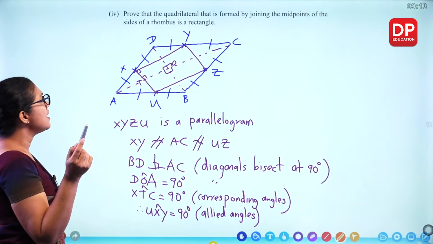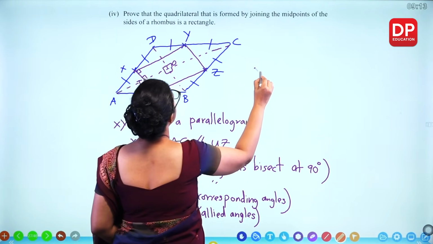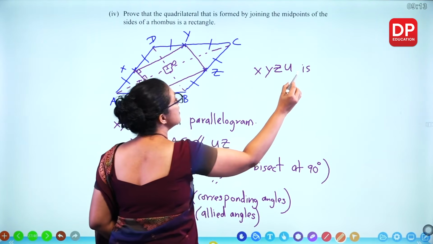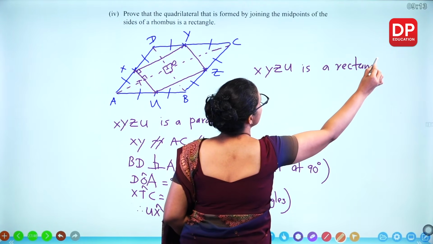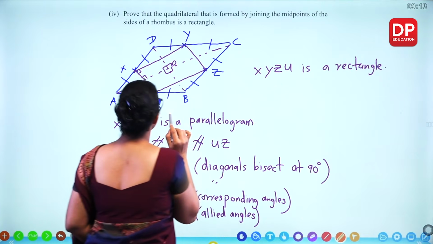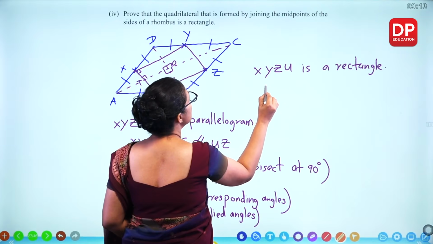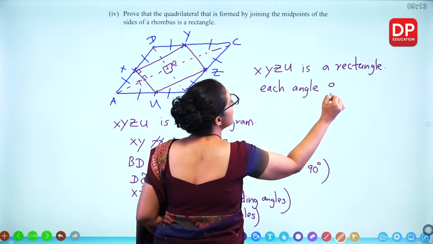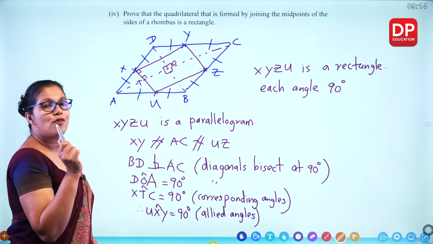What do you say? It's a rectangle. So we can write down XYZU is a rectangle because each angle is 90 degrees. So those are the four things.